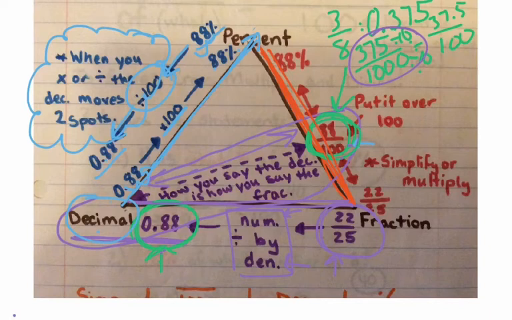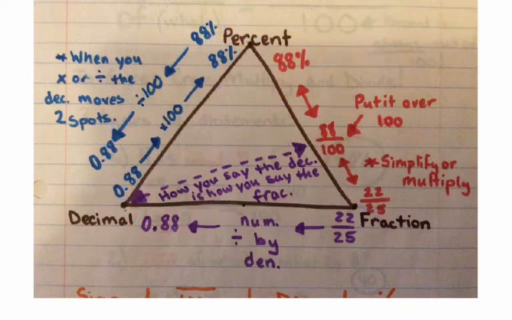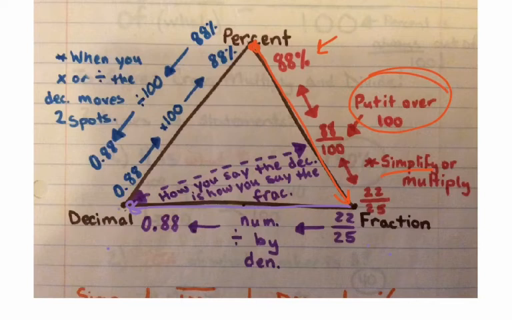So I'm going to clear out the ink to make this page a little bit easier to read and recap. If I'm starting at percent and I want to go to a fraction, I take my percent, I put it over 100, and then I simplify that fraction. If I want to go from fraction to decimal, which is a one-way street, I can't go from decimal straight to simplified fraction, but from fraction to decimal, I'm going to divide my numerator by my denominator.